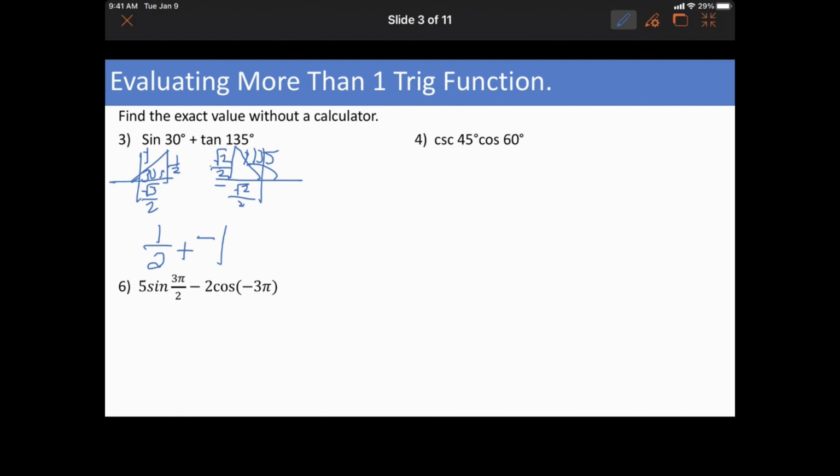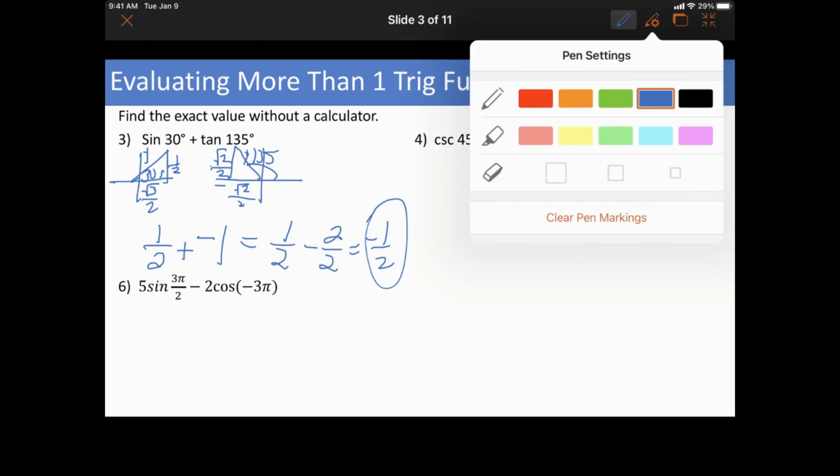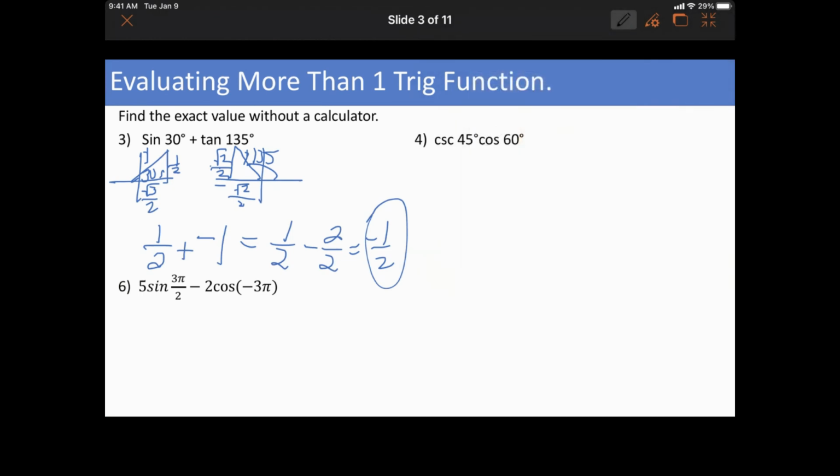And then we just simplify. So it's half minus, common denominator, 2 over 2, so that's going to equal -1/2. Sometimes they won't come out that neatly, just so you know. You may get crazy fractions and roots for your answer.